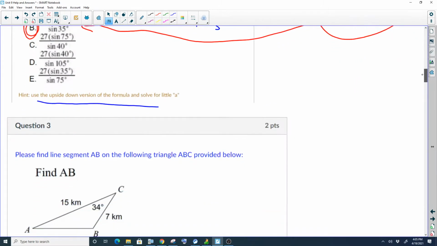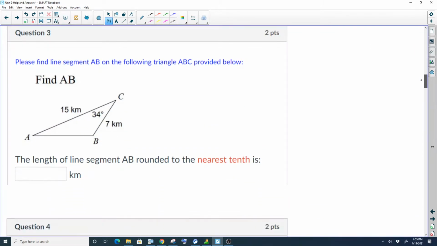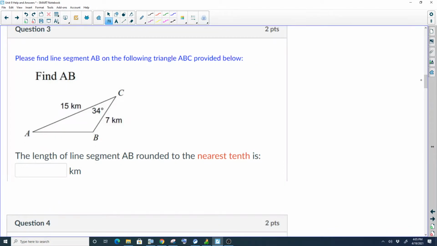Okay, next one. Find segment AB. Now I've got to fill in the blank. Okay, so across from big C is little c, so they want us to find little c. Now, let's see. I want to use the law of sines, but we're missing an angle, we've got a side.